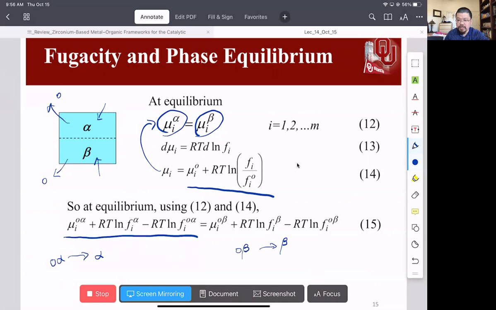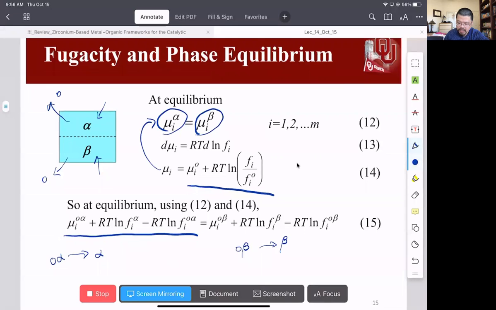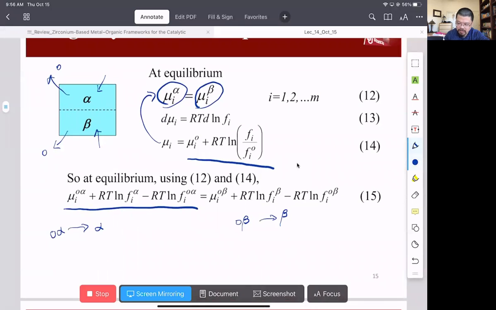So apparently we need to do something in order to further simplify this equation 15. So what we have is, mathematically, I can also run the integration from the standard state of alpha to the standard state of beta.